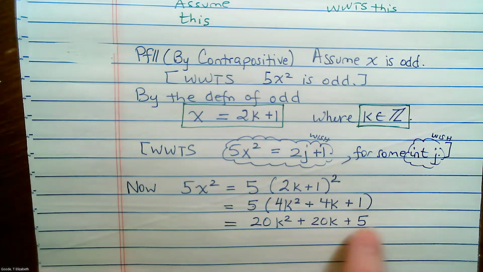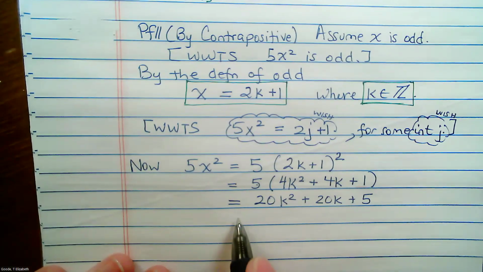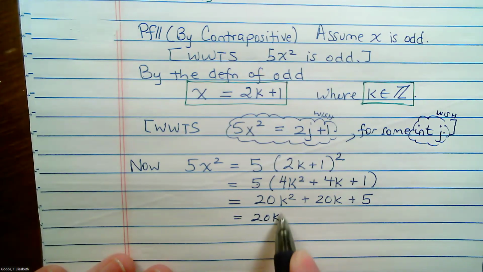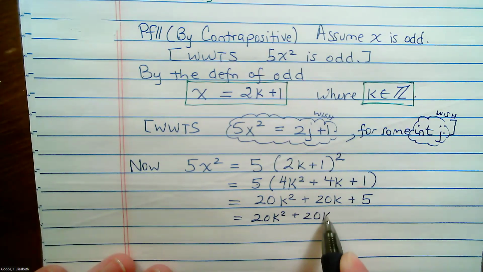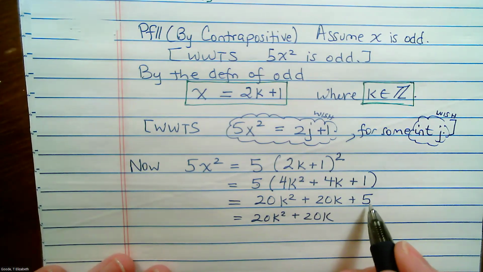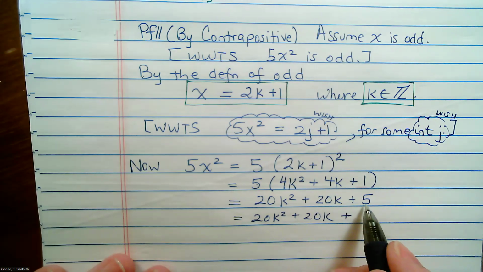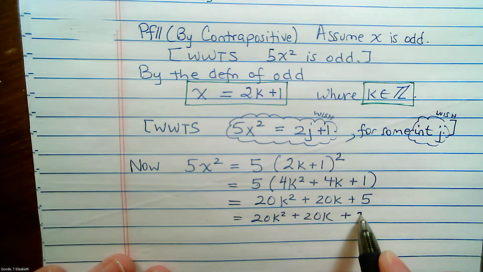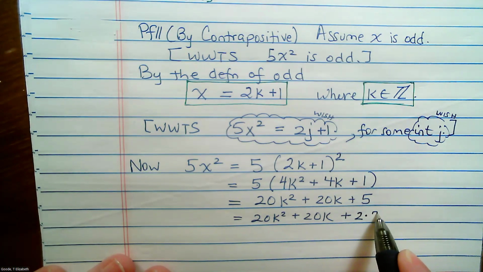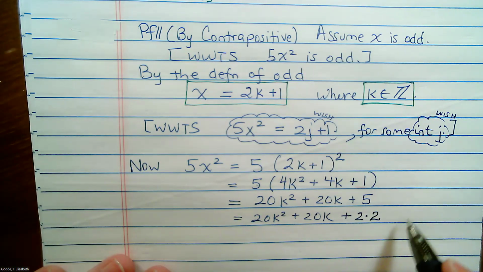So we have to deal with this 5. We're going to divide 5 by 2. What does 5 look like when we divide it by 2? It's actually 1 mod 2.